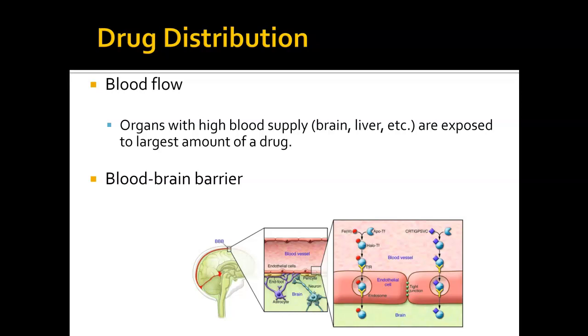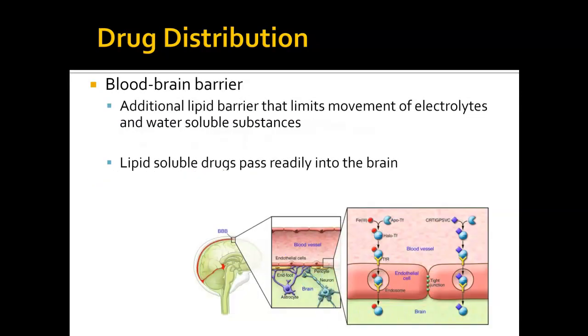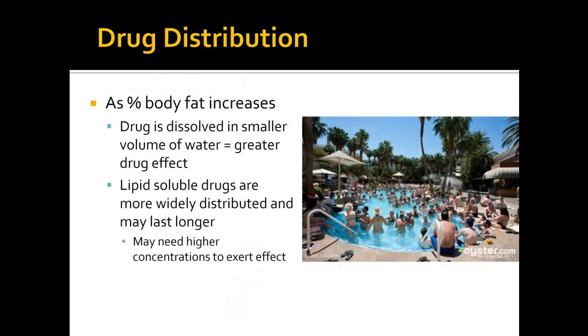As we get into those small capillaries and the interstitial spaces out in the fingers, you're not going to get as much out there because there's not as much blood flow. The brain needs a lot of blood, but there's an extra layer. There's this extra lipid layer that drugs have to pass through if they're not lipid soluble, right? Most drugs can't just dissolve, so there's got to be some way to get them in if we're trying to affect the brain.